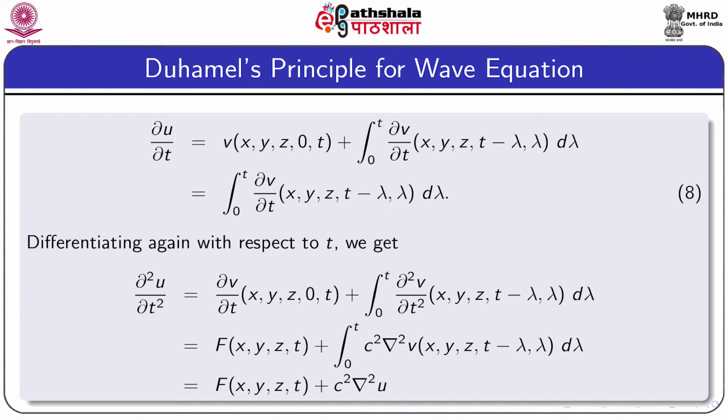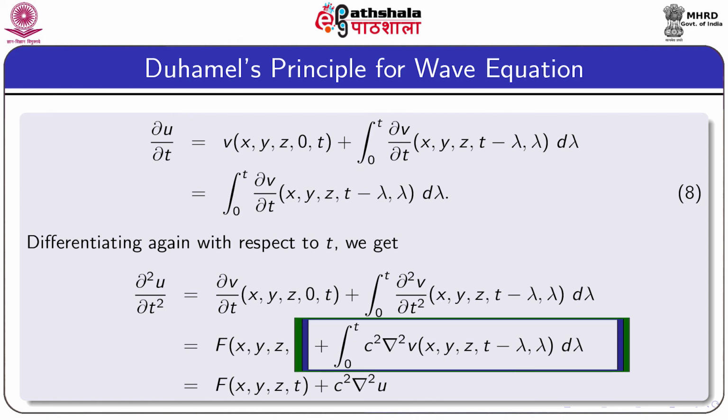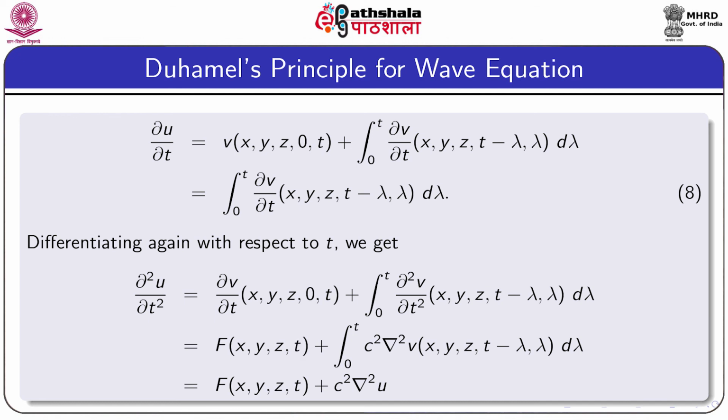The value of del 2 v del t square is c square Laplace square v, because v satisfies the homogeneous wave equation. So, using that fact, we can substitute the value of del 2 v del t square as c square Laplace square v(x, y, z, t minus lambda, lambda) d lambda. Since this Laplace square is a differential operator with respect to x, y and z, we can take this differential operator out of the integral sign.